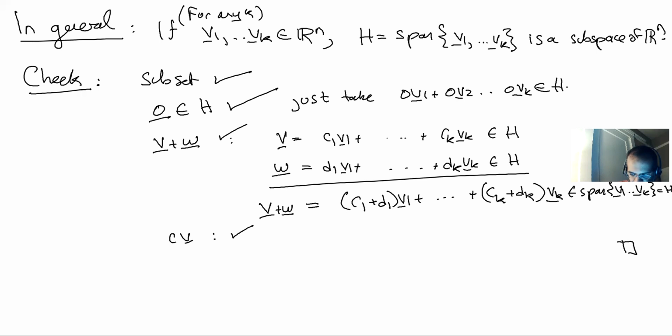So that's one way to get subspaces: the span of a set of vectors is always a subspace of Rn. Now there are a couple of other ways to get subspaces that are very important in the course, and I'm now going to describe them.